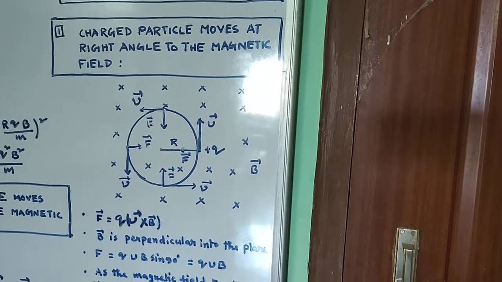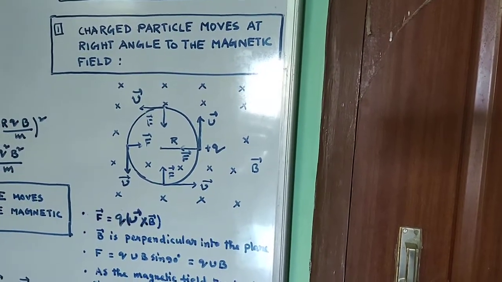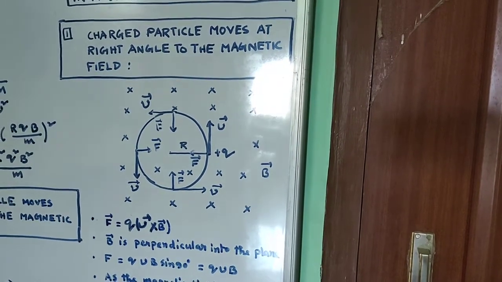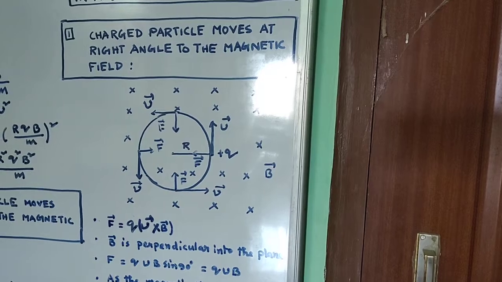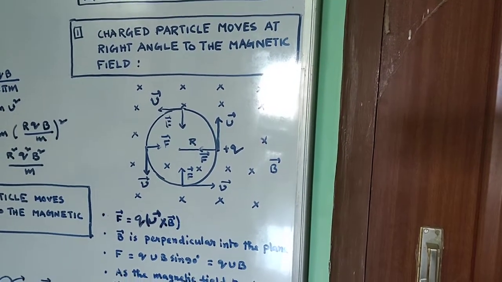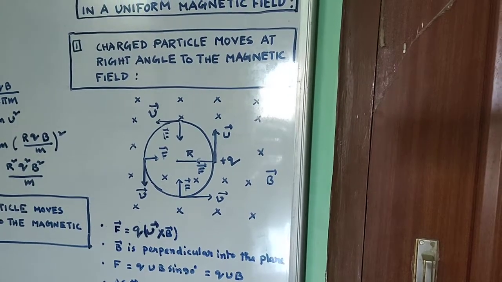As the charged particle is moving and is positive in nature, the direction of velocity of the charged particle is nothing but the direction of current. So you can use Fleming's left hand rule.